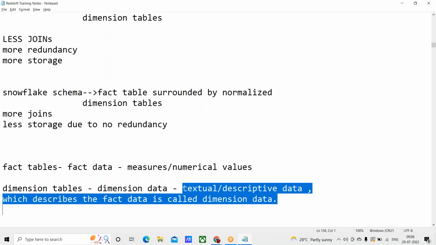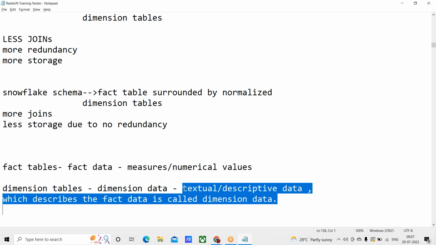Fact means counts, which are used in representing the business, like counts, quantity, price, total price, average, all aggregate functions. What are the aggregate functions?